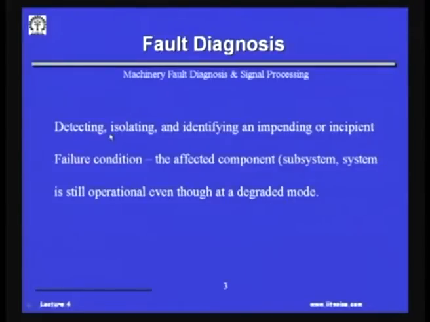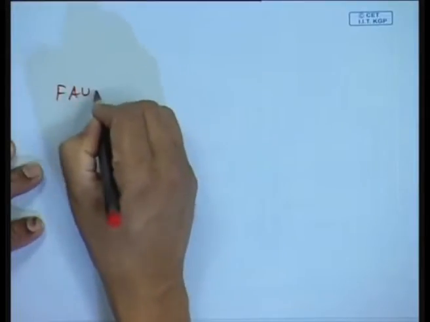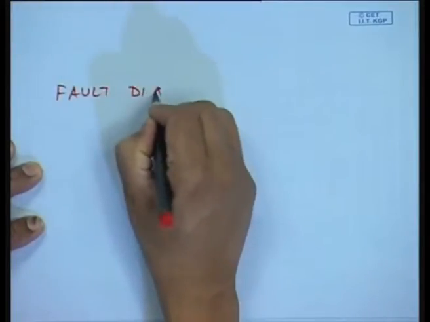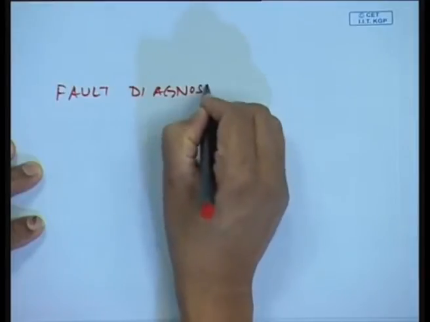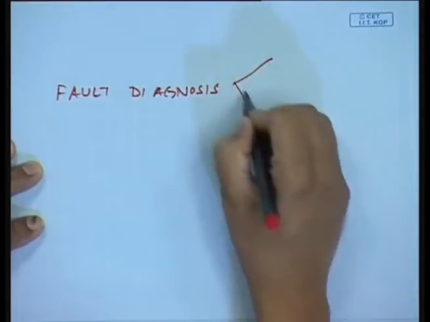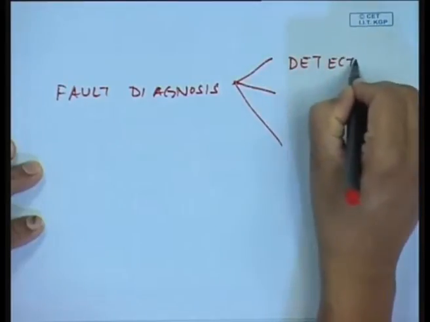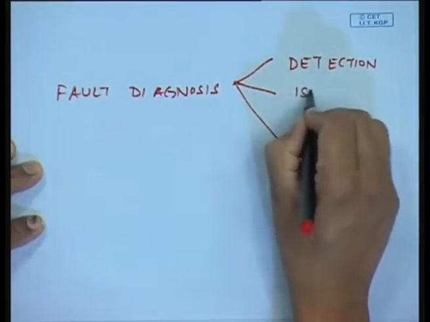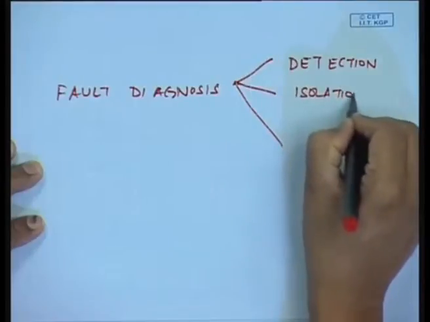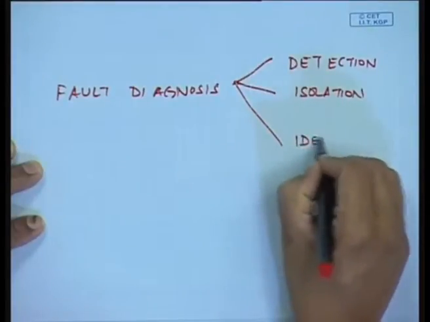So, fault diagnosis encompasses detection, isolation and identification. So, fault diagnosis has three important components. One is detection, other is isolation, another is identification.